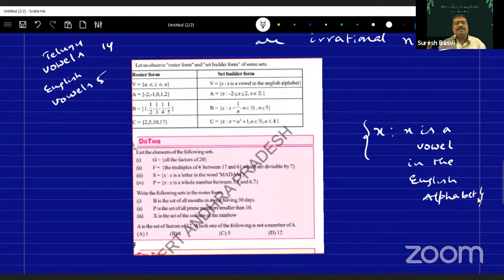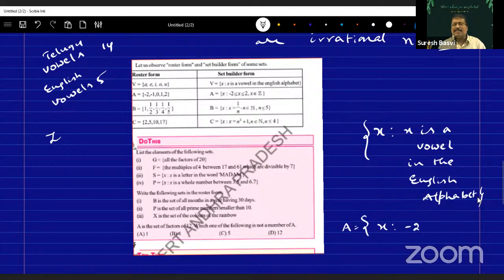So what is the starting element? -2. What is the ending element? 2. These are all integers, nothing but integers. Integers can be represented by Z. So again you take A is equal to {x such that -2 ≤ x ≤ 2}.